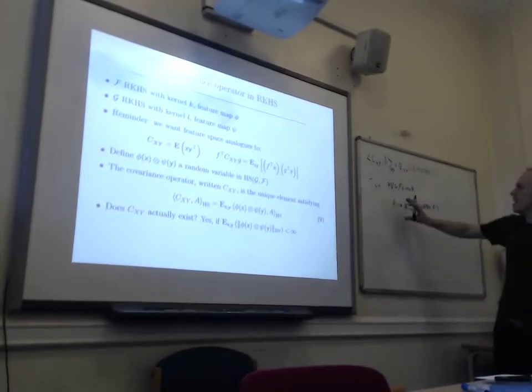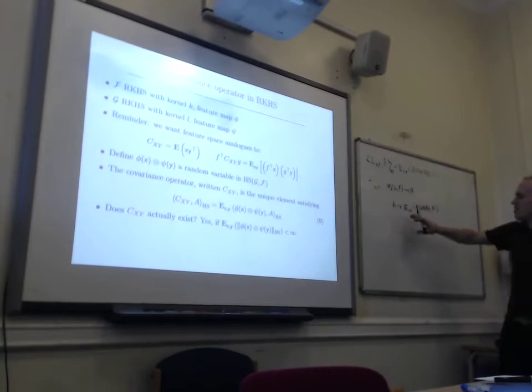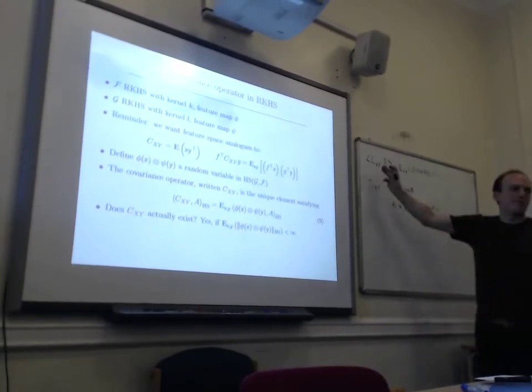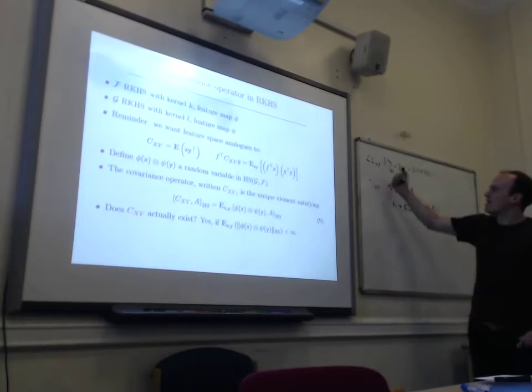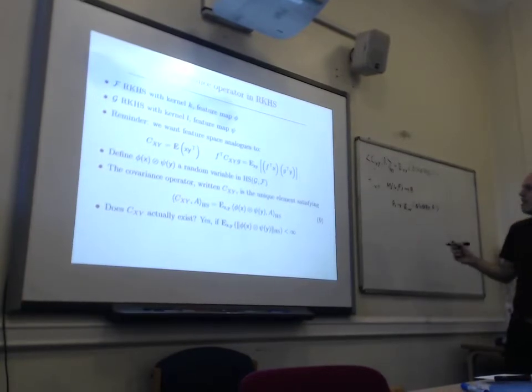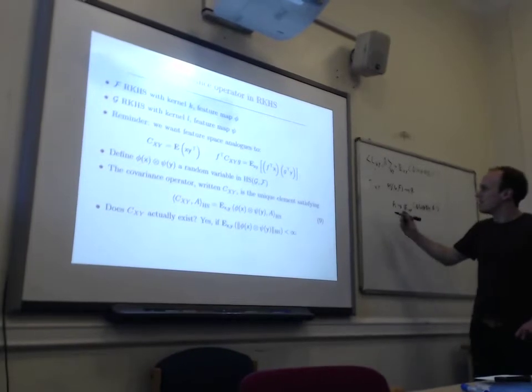Can I take this thing, which takes an A and puts it into an expectation, and write that as an inner product with something? If you can write it as an inner product with something, then this something is well defined. It is the covariance operator. The way we do this is using the Riesz theorem.